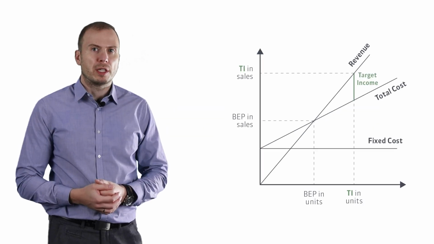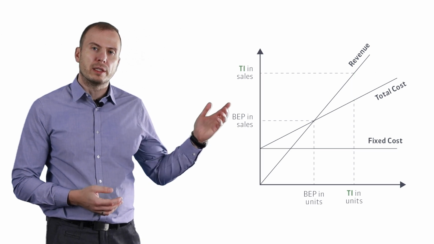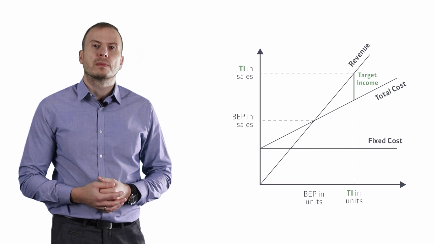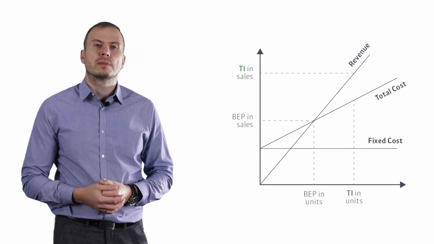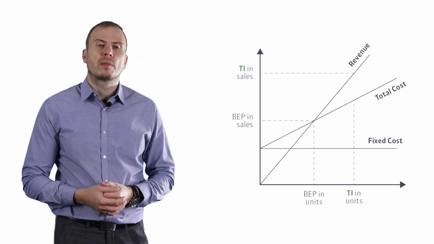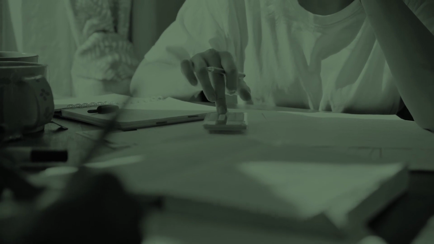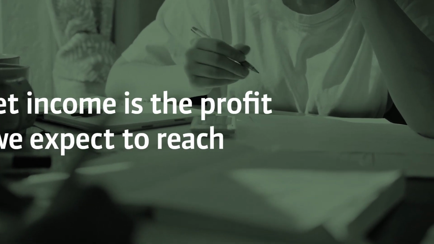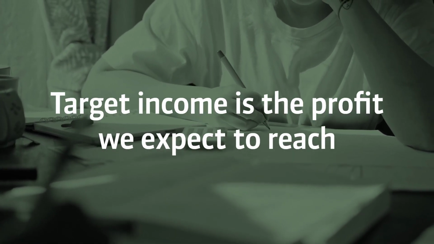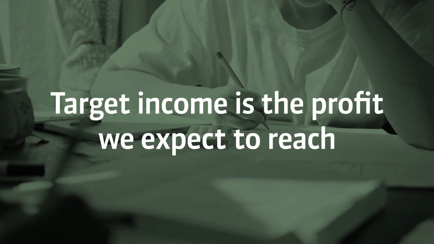The graphic representation of the target income looks like this. Target income is the profit that the managers of the company expect to reach for a designated period.